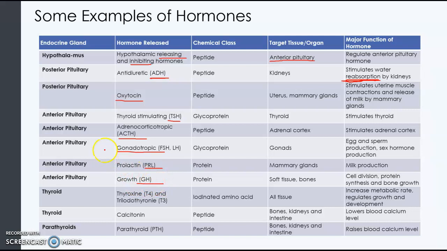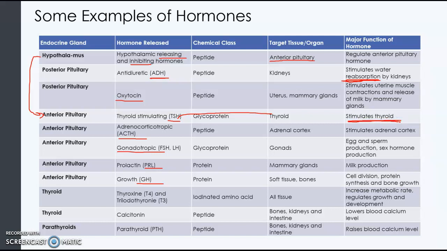There's actually a couple more produced by the anterior pituitary gland. So what would happen is the hypothalamus would release a releasing hormone, and that would stimulate the anterior pituitary to release thyroid stimulating hormone. And that would stimulate the thyroid to release thyroid hormone, which stimulates your metabolism.